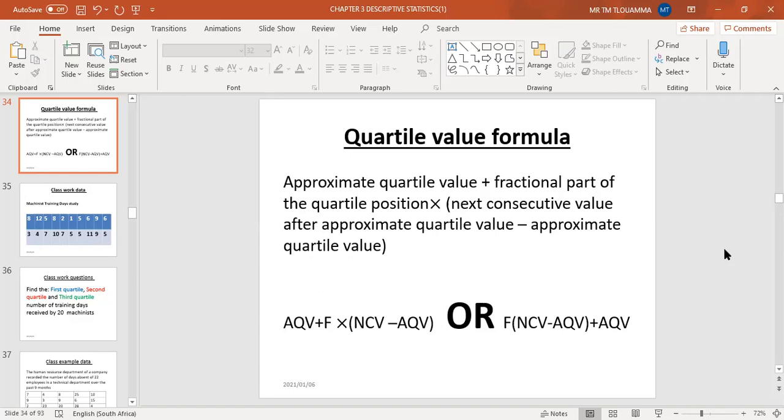The NCV is the next consecutive value after the approximate quartile value, minus the AQV, which still remains our approximate quartile value. So this is the formula that you're going to use when you calculate the quartile value: AQV plus F multiplied by open brackets NCV minus the AQV.